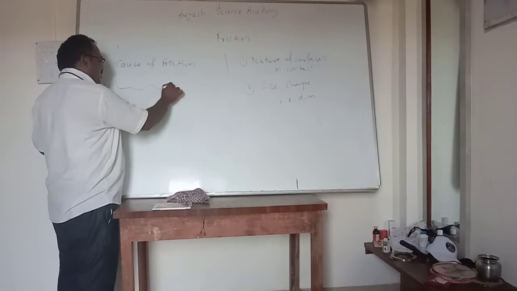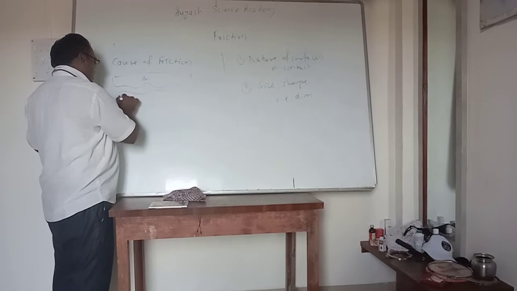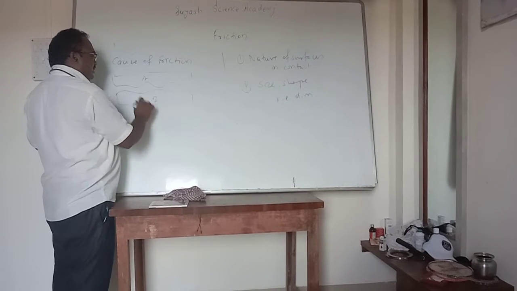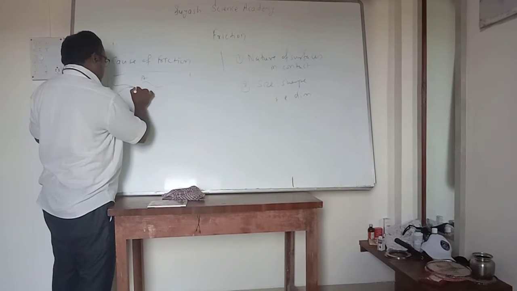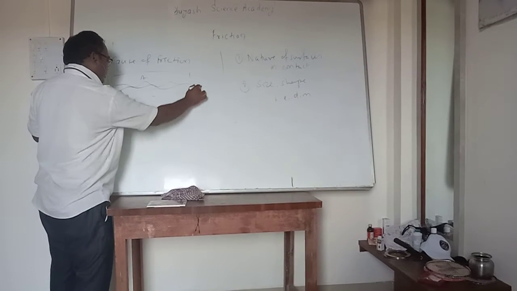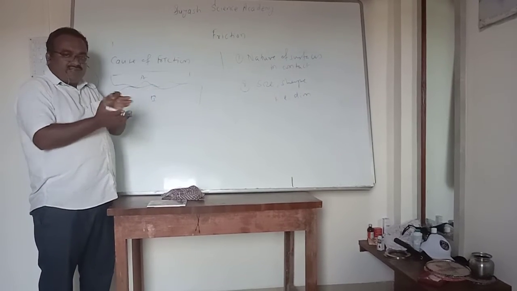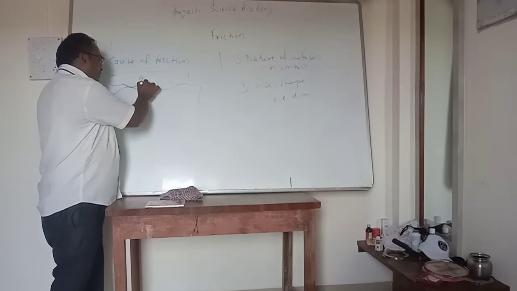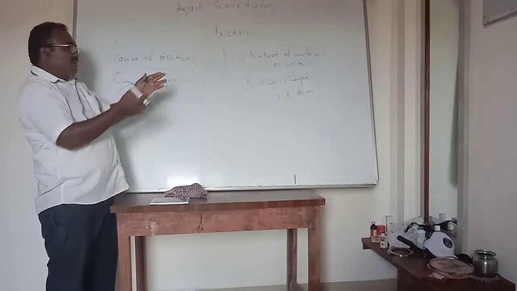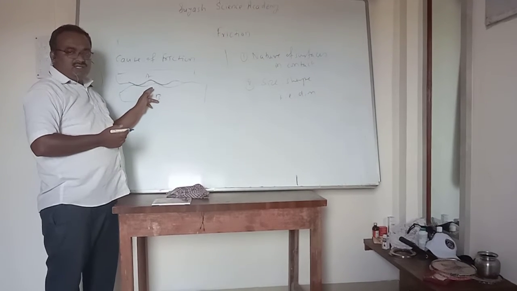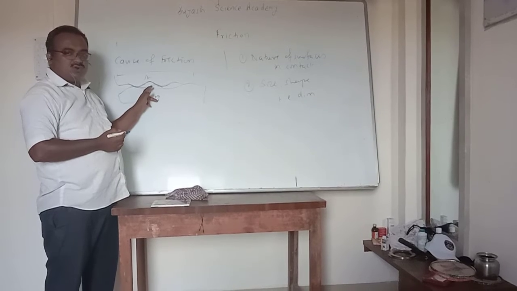Suppose this is surface A and this is surface B. When these two surfaces are kept in contact and move over each other, the interlocking between these irregular surfaces is the cause of friction.